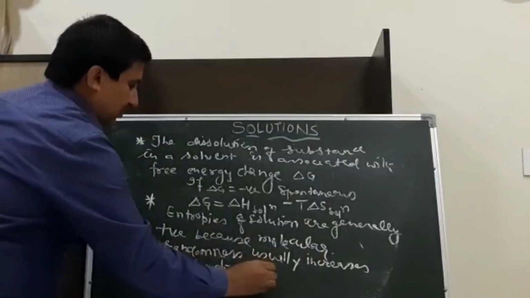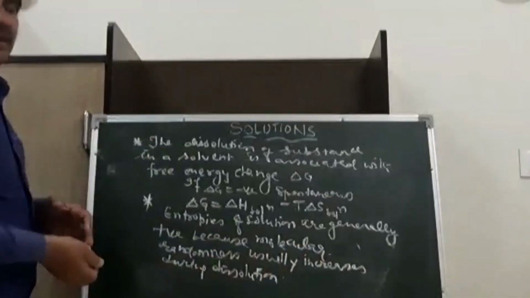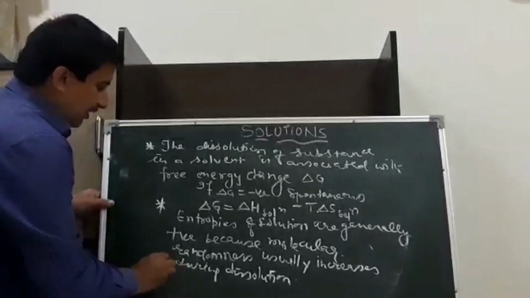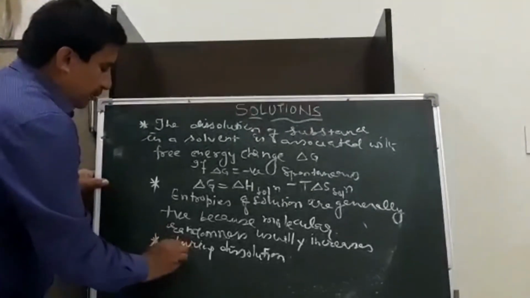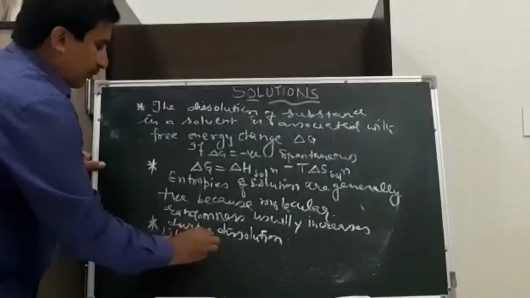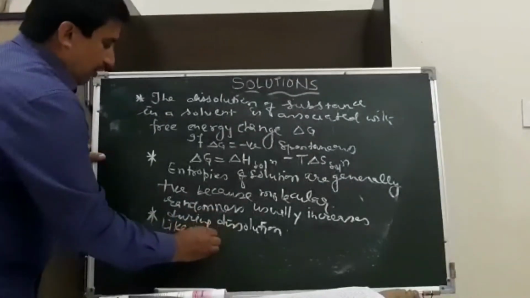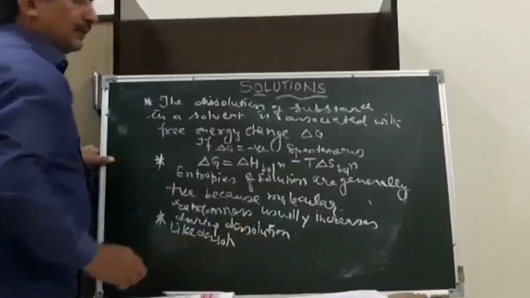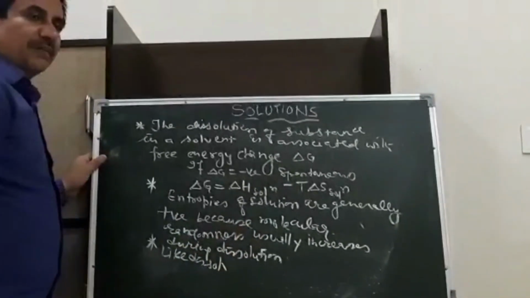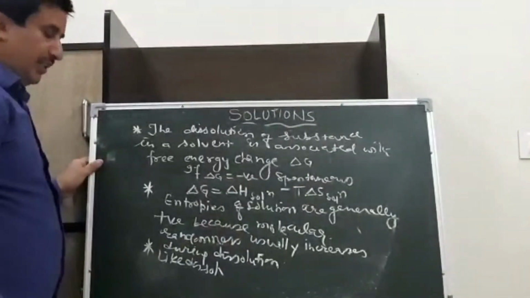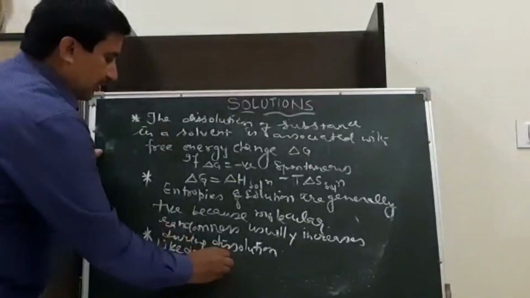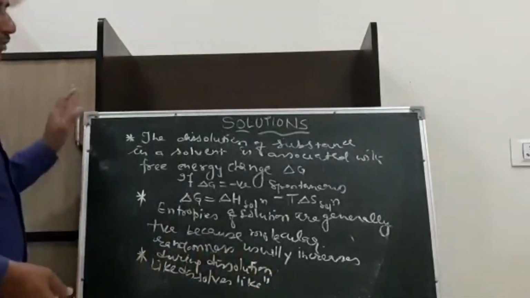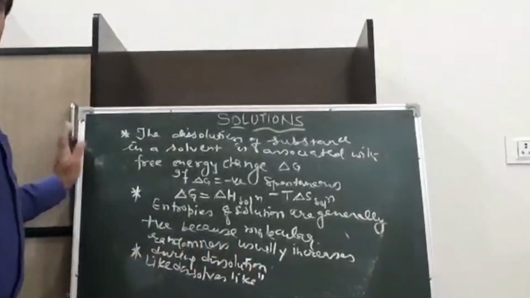So this was the basics about the solution, and in the last I would say like dissolves like, meaning polar substances are soluble in polar solvents. Like dissolves like. So this is about the solution and its various types.